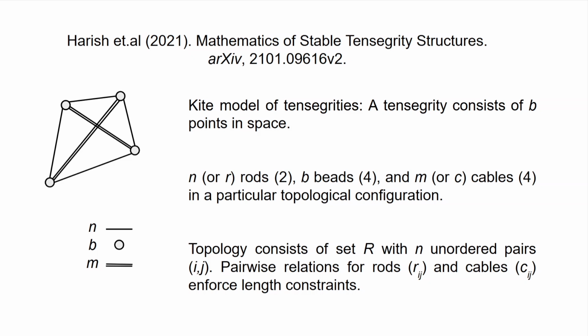But especially for biology, we want to have this dynamic structure. So if you're building a geodesic dome, that's a static tensegrity structure. It's just going to sit there and you're going to load it with things.